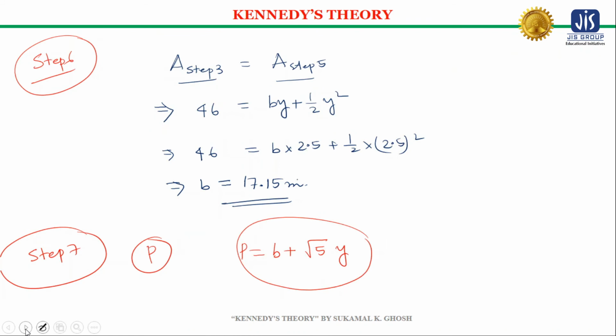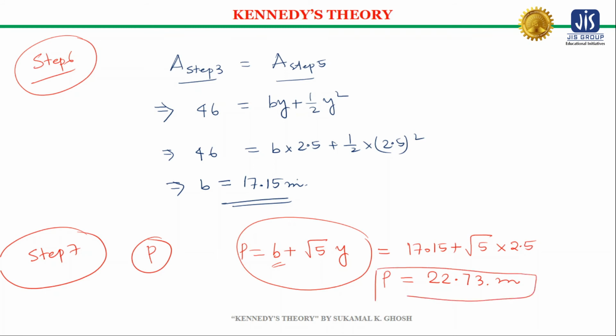Now if you put the value of b and y, b is 17.15 plus root 5 into the value of y, 2.5, right, equal to, if you solve this, you will have 22.73 meter. So this is the value of P, the weighted perimeter.